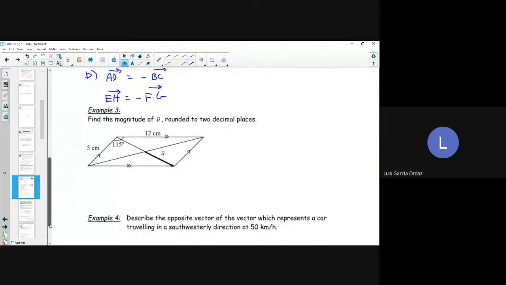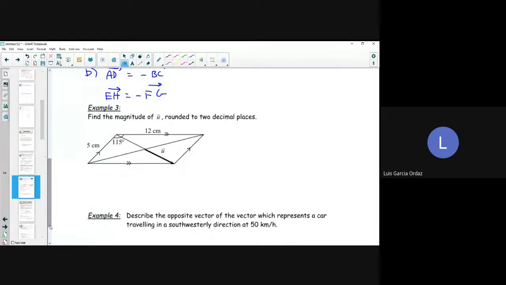Second last example: find the magnitude of u rounded to 2 decimal places. So I have 2 sides of an angle given, and I need to find the magnitude of u. This whole angle here is 115.